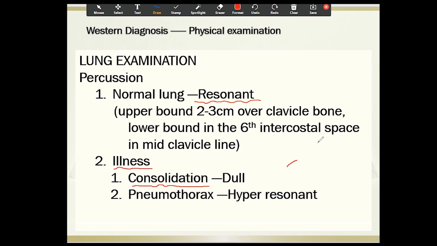And also some illness happens in the pleural cavity. Normally you couldn't separate the pleural cavity from the lung.